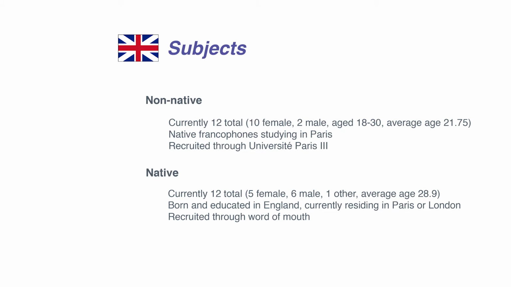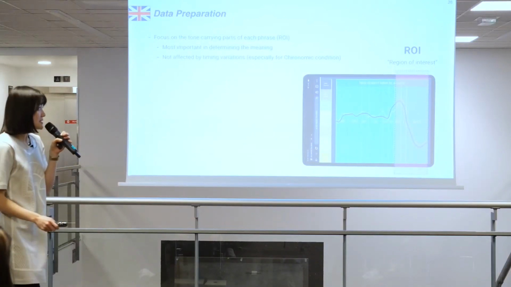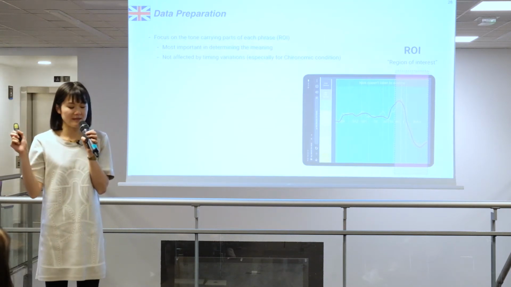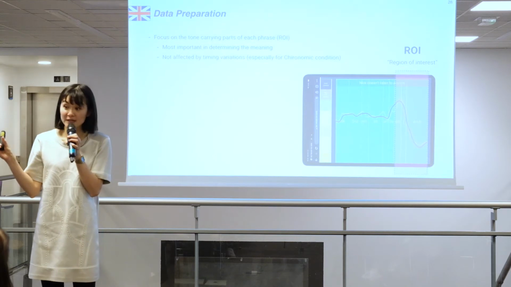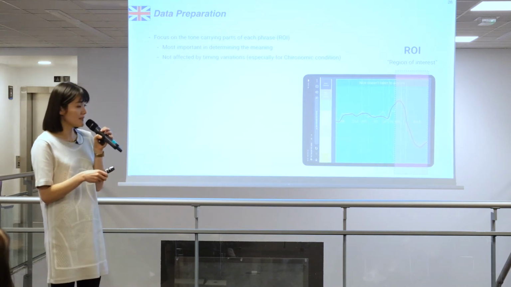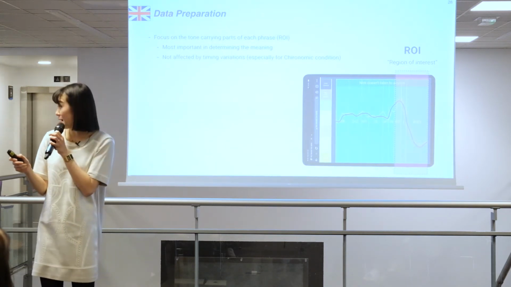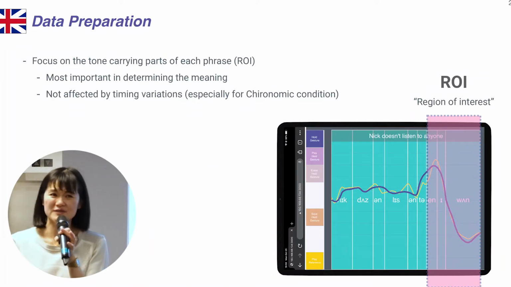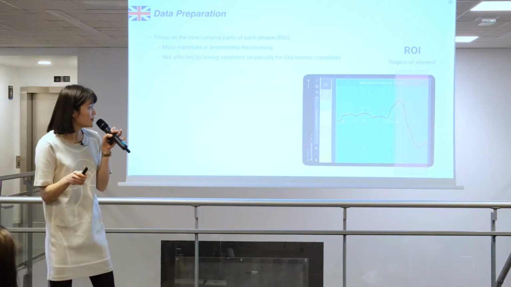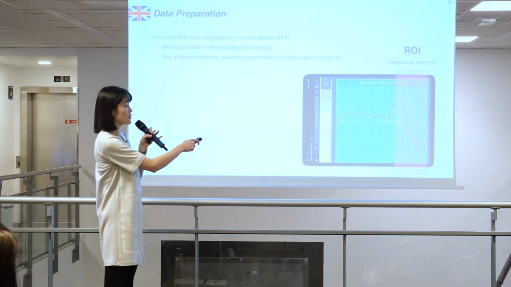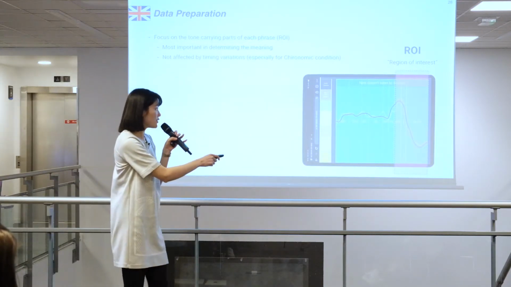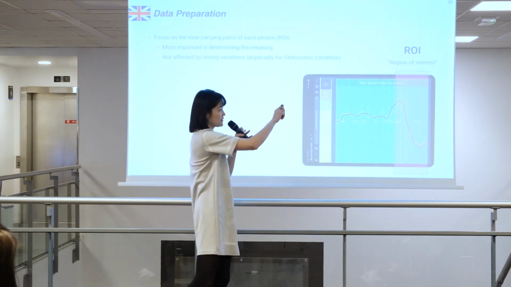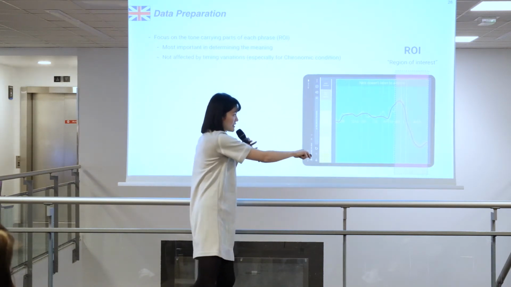And for the data, instead of comparing the data with the reference recording, I'm doing some statistical modeling on the curves themselves, but we're focusing just on the tone carrying part of the curve. So as you can see in this representation, in the beginning there are some little waves, and at the end there's the big wave.